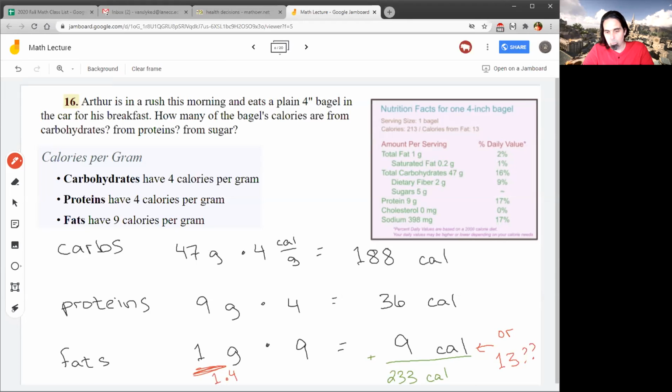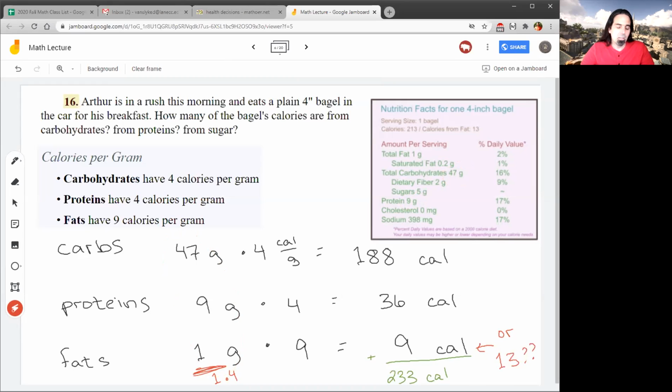So if it's 1.4 times 9, we'd get the 13. So in other words, these are rounded. Whoever writes the labels isn't caring about decimal amounts. They're just going to take these numbers and round them. So that makes our math have slightly different answers because you can't round in the beginning without breaking things.